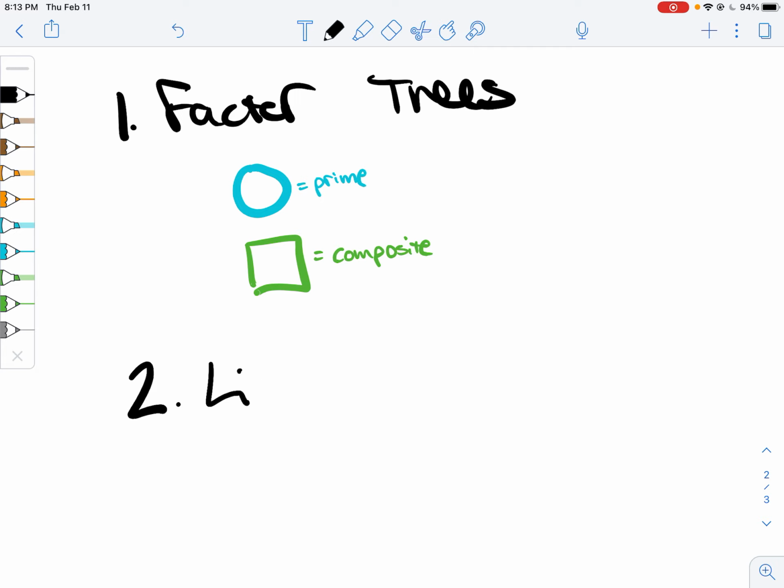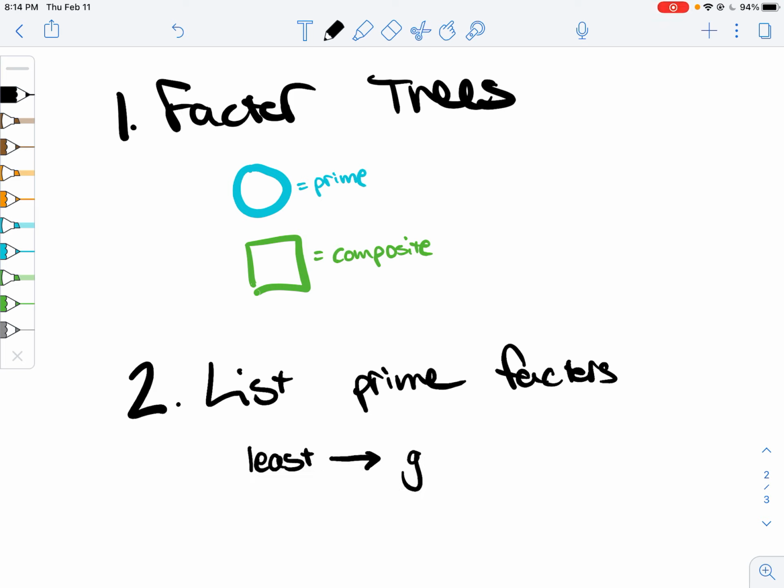So we'll say list your prime factors from least to greatest, and use exponents. So those are your 2 key ideas.